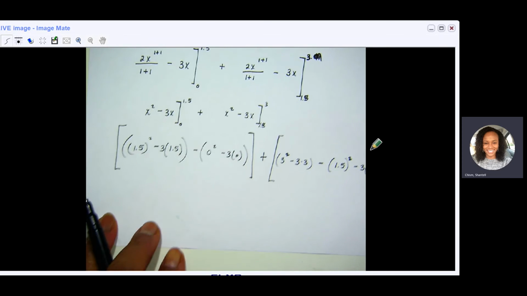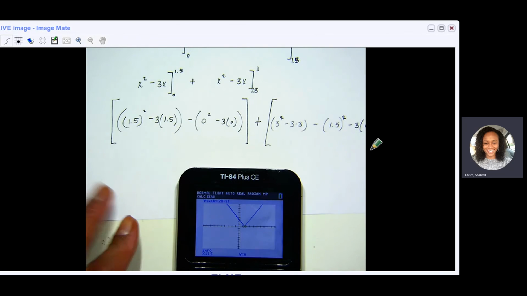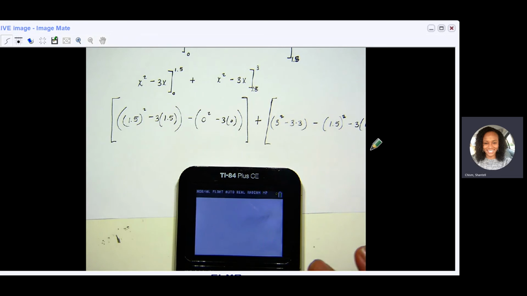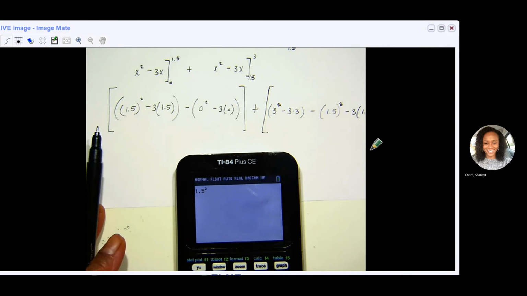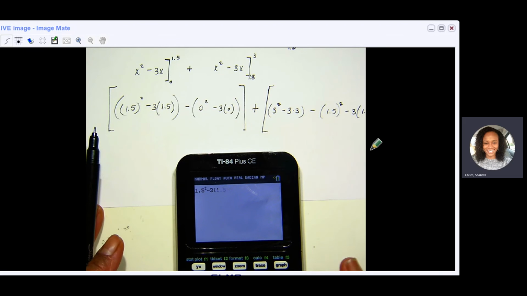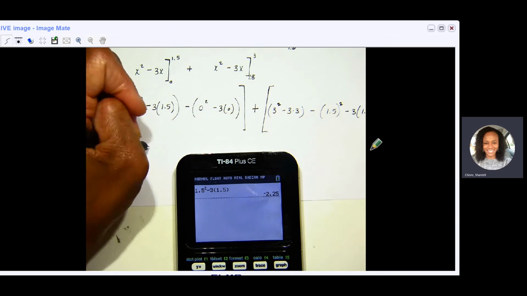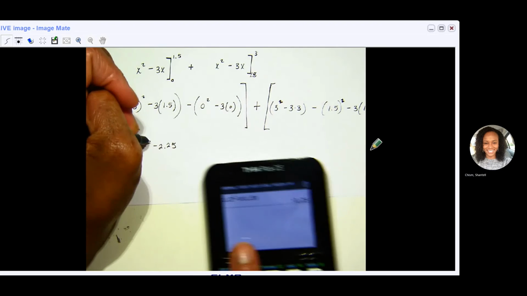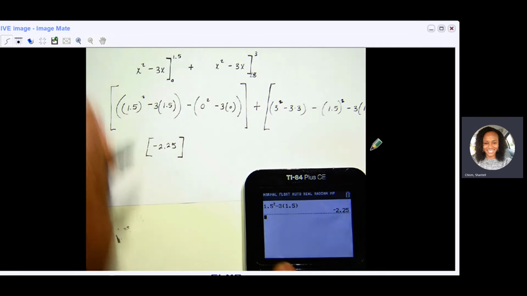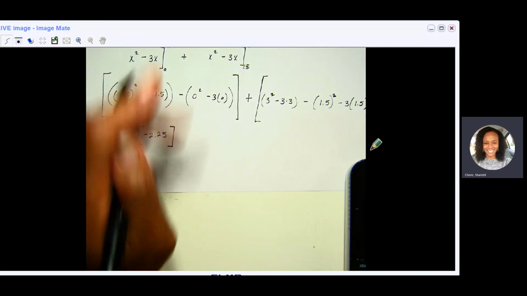So plugging all that in, I'm going to plug in 1.5: 1.5 squared minus 3 times 1.5 gives us a negative 2.25 right here, because minus 0, that's just going to fall off.